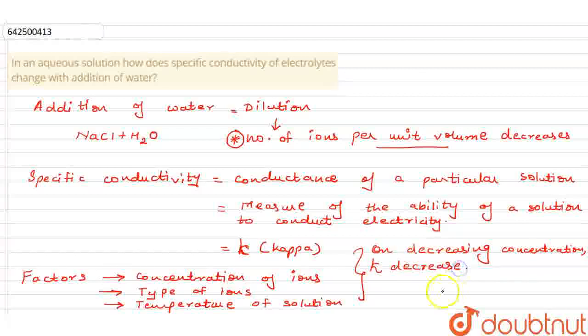It's directly proportional. So on addition of water, which is also termed dilution, obviously the number of ions per unit volume would decrease, and hence kappa, that is specific conductivity of any electrolyte, would decrease. I hope you understood the explanation.